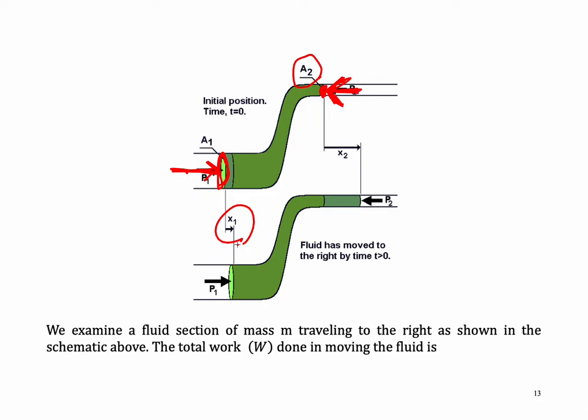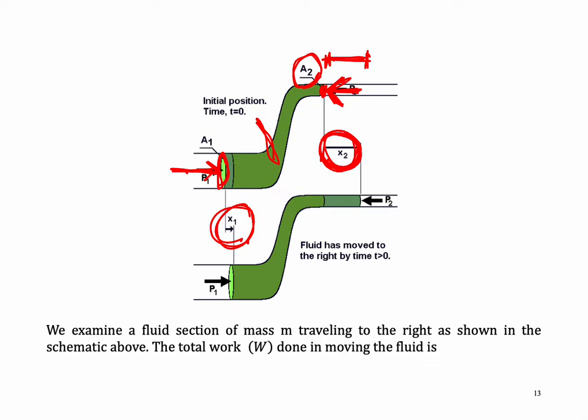And because it is incompressible, the fluid is not compressed itself, so the same volume would be moved at the outlet. Because the cross-sectional area here is smaller, the displacement here is larger compared to the displacement at the inlet. So we draw a longer arrow at the outlet here.